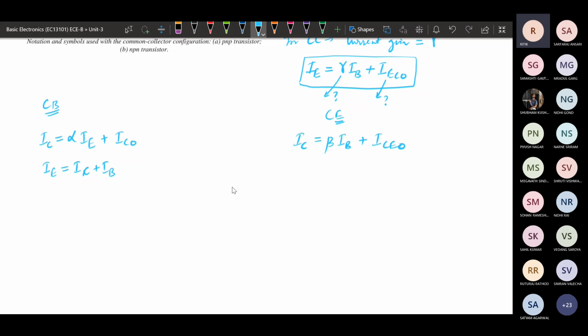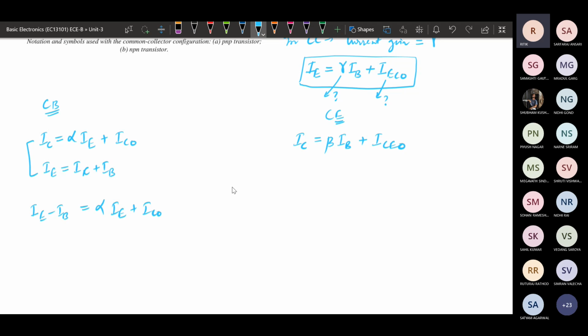We need to proceed by using two equations. We need to put this value of IC. So IC will be IE minus IB. From this equation we will be putting into this: alpha times IE plus ICO.